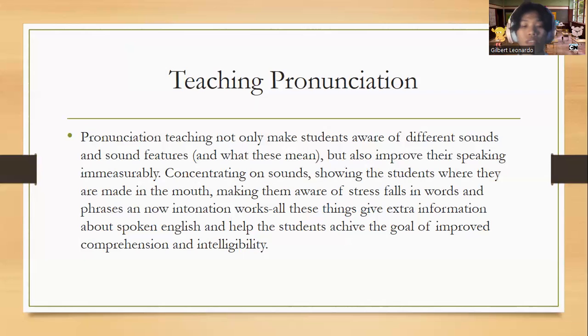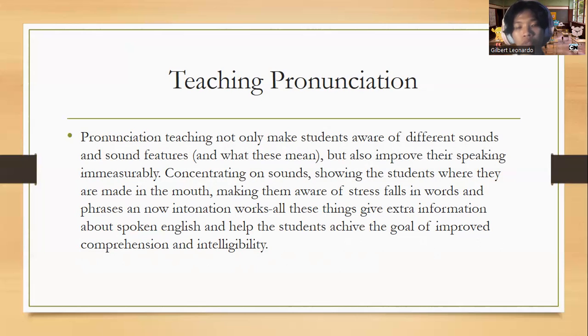All these things give extra information about spoken English and help the students achieve the goal of improved comprehension and intelligibility, such as when you want to pronounce some alphabet, like J in Indonesian is different from G in English.